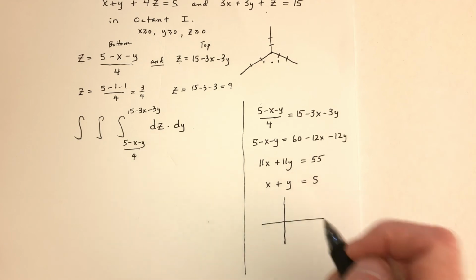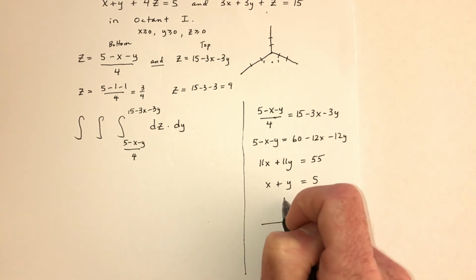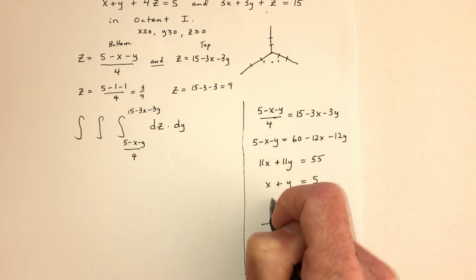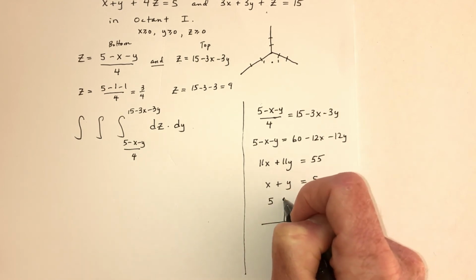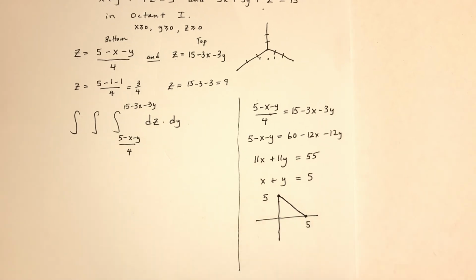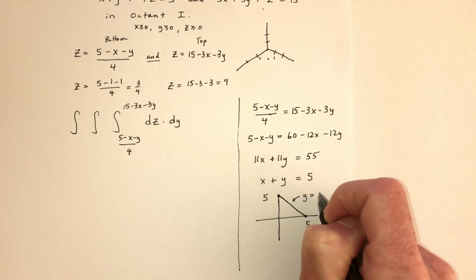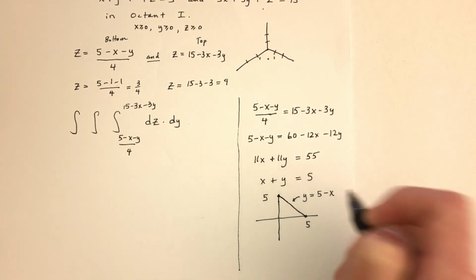If x equals 5, then y equals 0, and if y equals 5, then x has to equal 0. So this is the line that I was just showing you on that scrap of paper, and this is the line y equals 5 minus x.